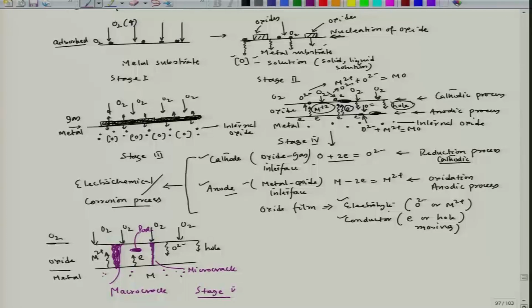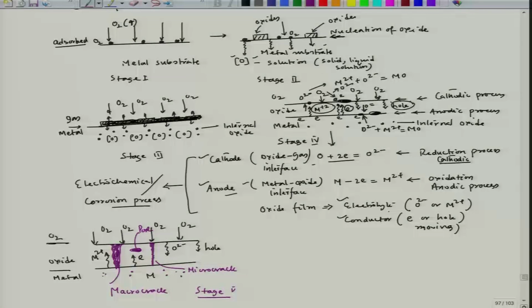The diffusing species can also vary. For example, if we have one type of alloying element, diffusion can be sluggish. If we put another kind of alloying element, diffusion can be faster. So, all those situations can take place.